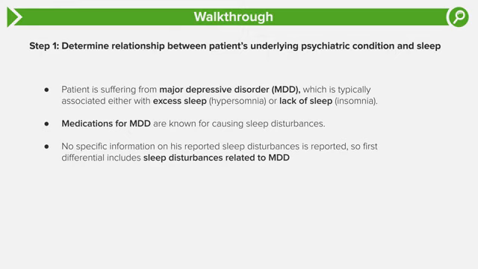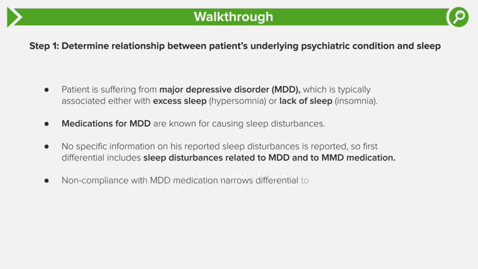So we have to make our own differential, which includes sleep disturbances related to major depressive disorder and sleep disorders related to major depressive disorder medications. Now, this makes it a little bit easier because this patient was noted to be non-compliant with major depressive disorder medication, which really narrows our differential down to sleep disturbances related to major depressive disorder itself.